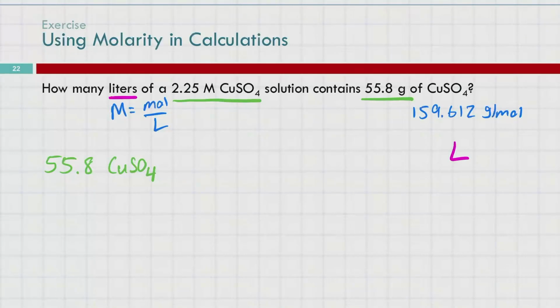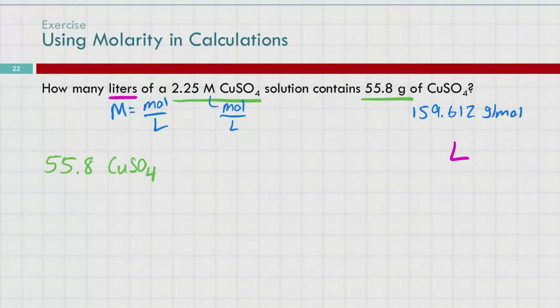Moles over liters, great. So one thing that we can do is we can turn that capital M into moles over liters. This is our trick for getting liters out. This molarity equals moles over liters. So to find liters, we need to solve for liters in our molarity equals moles over liters.